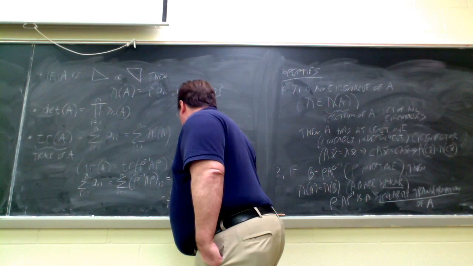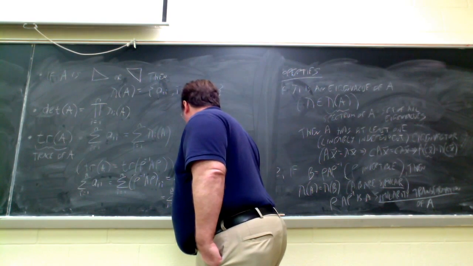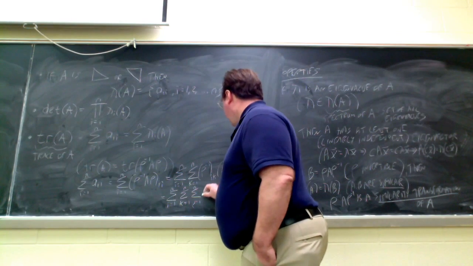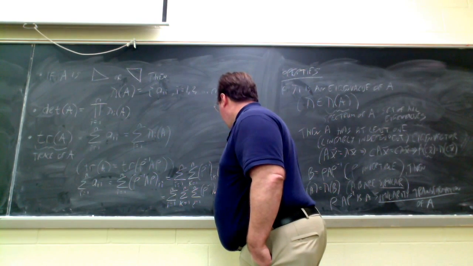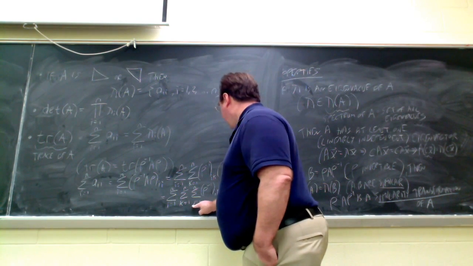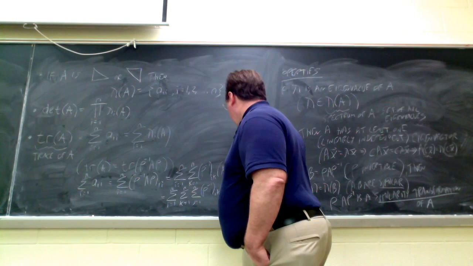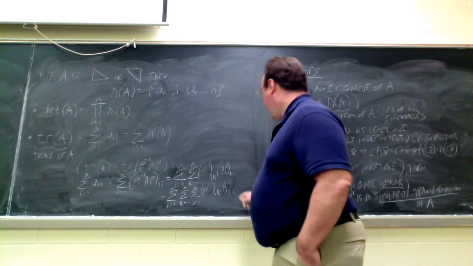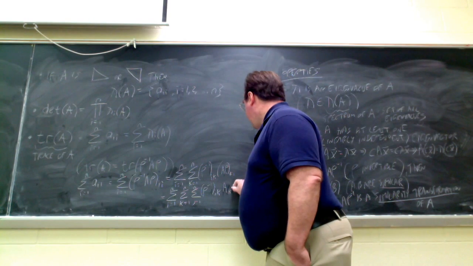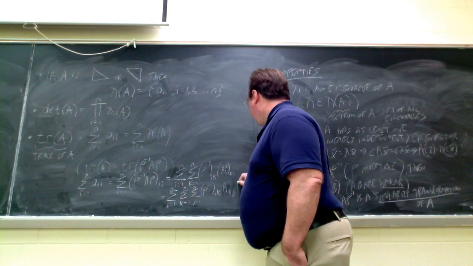So I have three sums. And that will give me P inverse_ik, I'll use a capital letter. I normally wouldn't, but it'll stand out better. A_kj, P_ji.